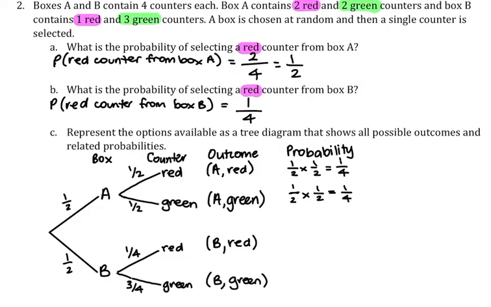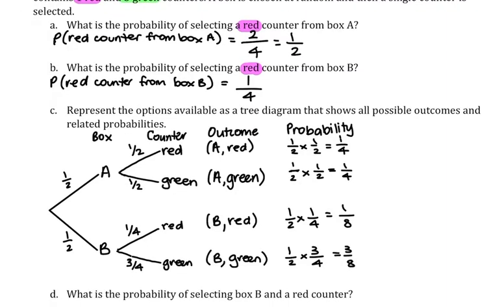So our probability for our box B red is 1/2 times 1/4, which equals 1 over 8. And then our probability of 1/2 times 3/4 for our outcome B green is 3 over 8.